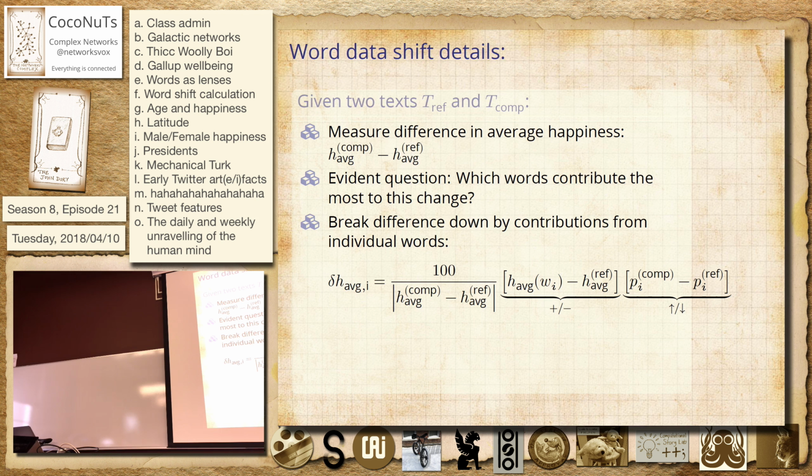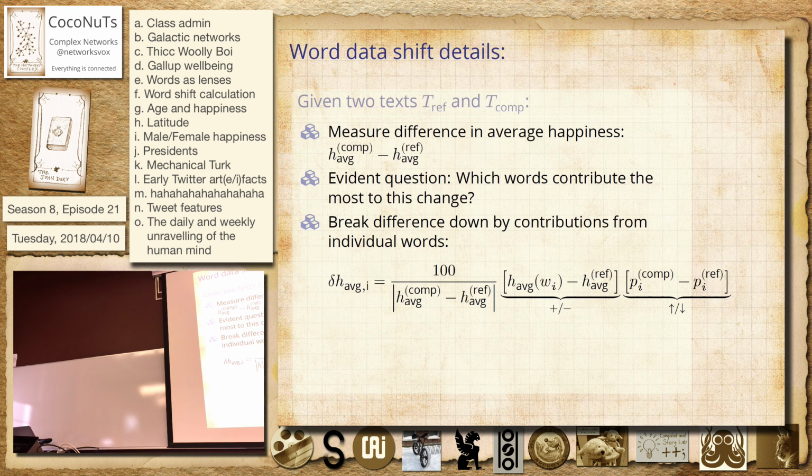And so we'll get to this calculation, but the pieces that we'll end up with in here are the relative abundances, right? We call them probabilities of word i in the comparison text, and this is the reference text. This is the happiness of the ith word, and then this is a choice we made. This is the reference text, this is its average happiness.